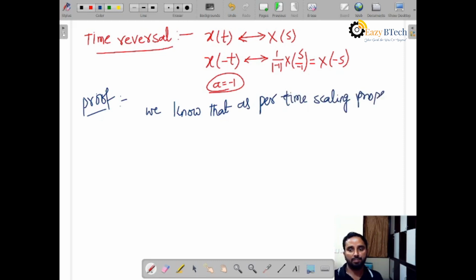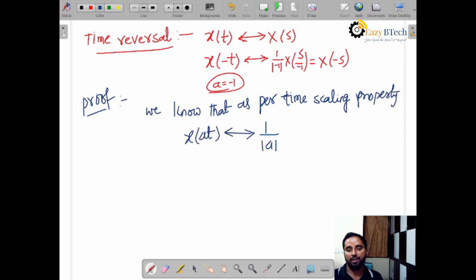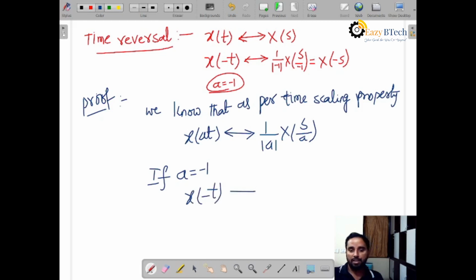What is the time scaling property saying? X of at Laplace transform is 1 by mod a X of s by a. So if a value is minus 1, then x of minus t Laplace transform is 1 by mod minus 1 X of s by minus 1.